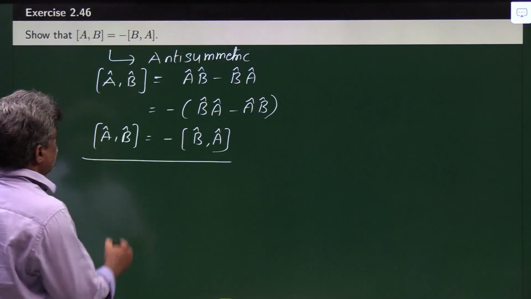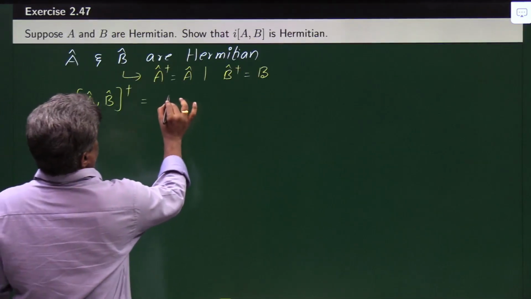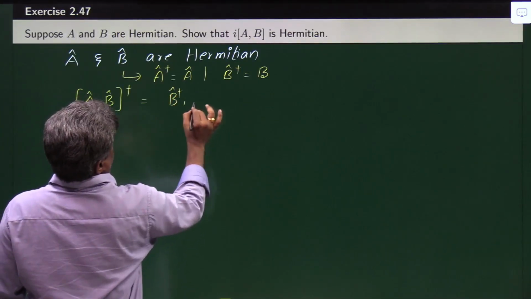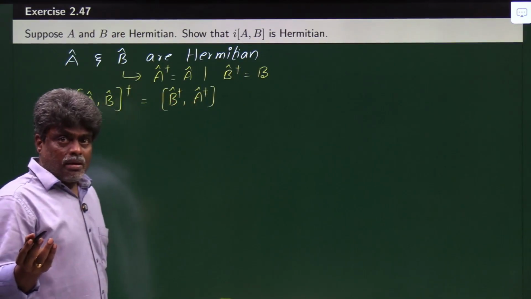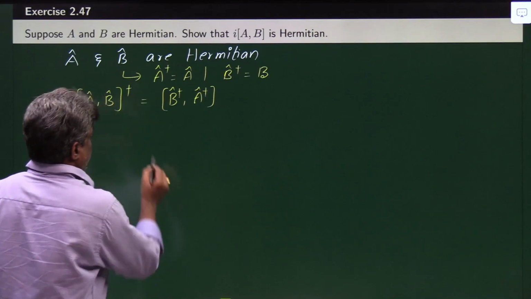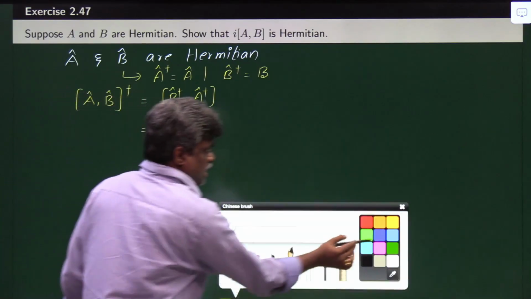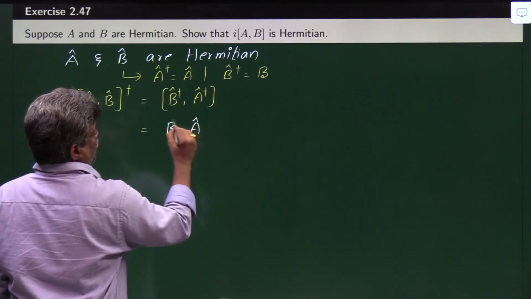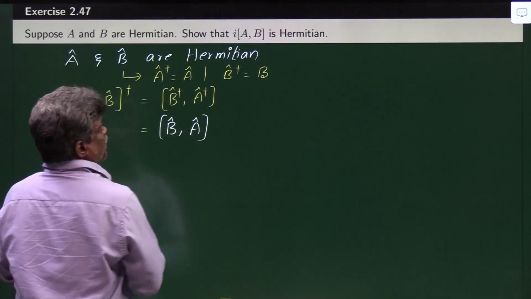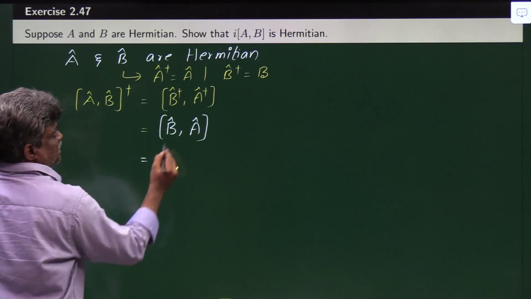By using that, I can write this as [B dagger, A dagger]. But A and B are Hermitian, so B dagger is B and A dagger is A. That's it. So again we can write this as [B, A], and by the earlier antisymmetric property, this is minus [A, B].